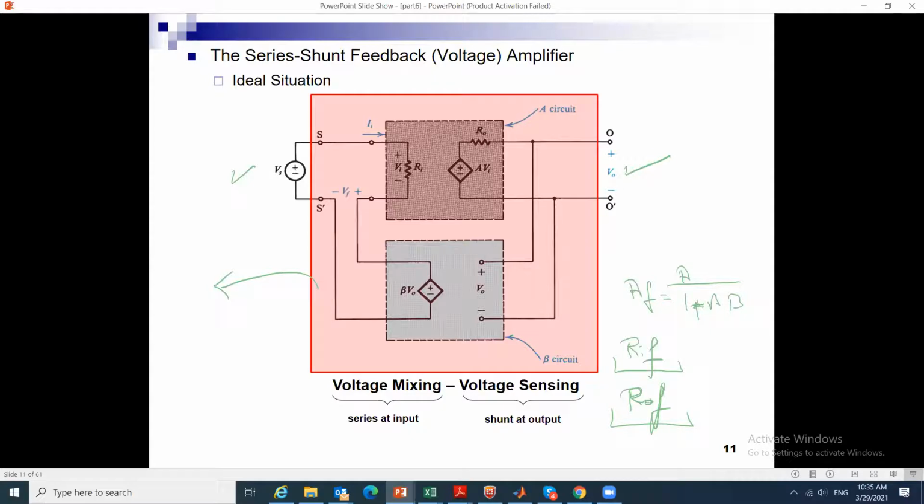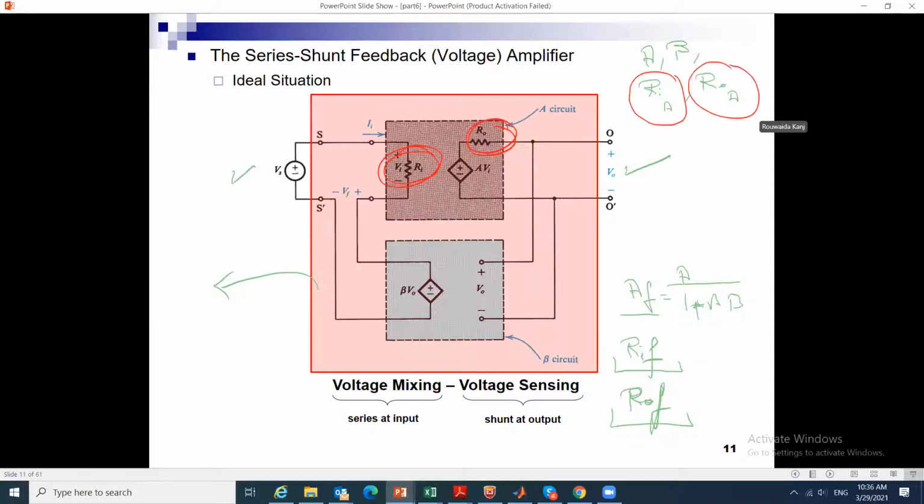And ROF is important because it tells me how much will go to the load. So just like we studied Rn, Ro, and A for a regular block, for this amplifier we're going to name them AF, RIF, and ROF. We're going to derive their quantities as functions of A, beta, Rn for A, and Ro for A. The A block has an input resistance and an output resistance.